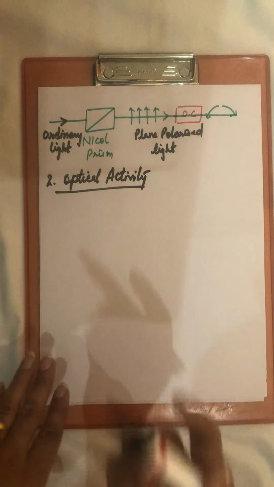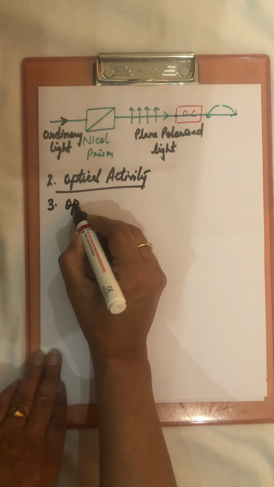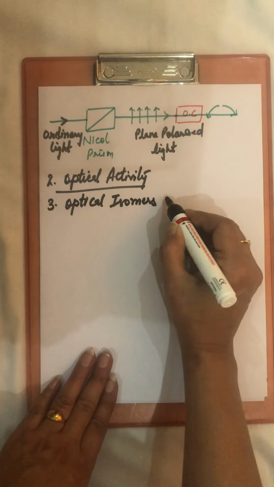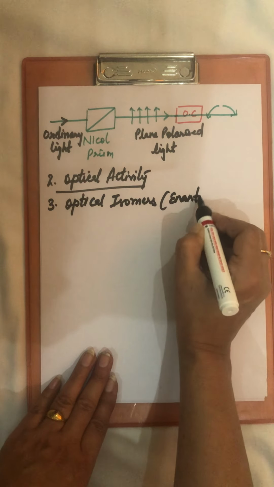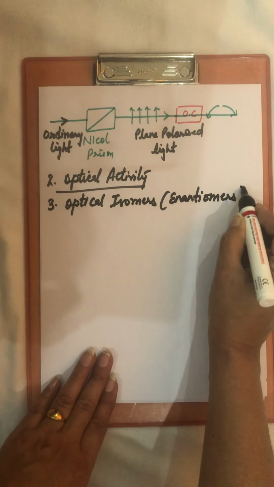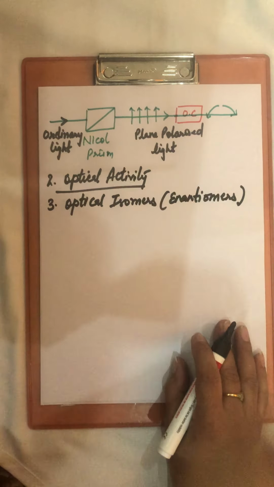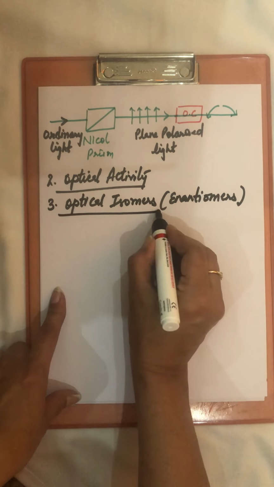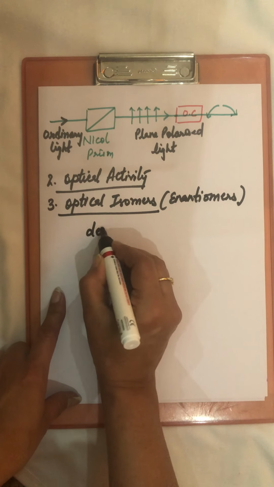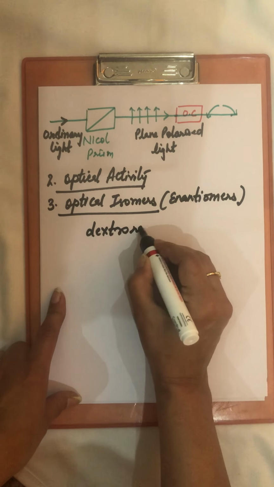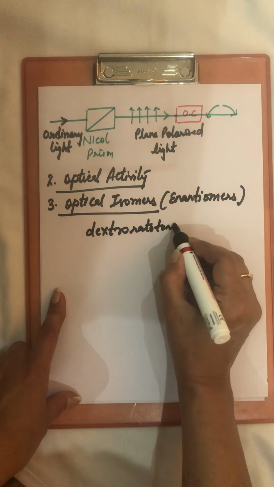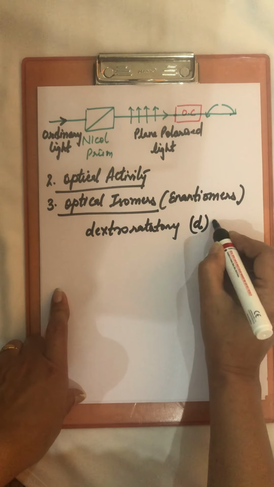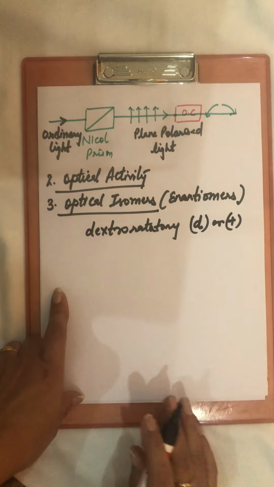Next term after optical activity is optical isomers, which are also called enantiomers. Like here I said, if the light rotates on the right hand side, then this optically active compound or isomer is called dextrorotatory, denoted by small d or by plus sign in a bracket.